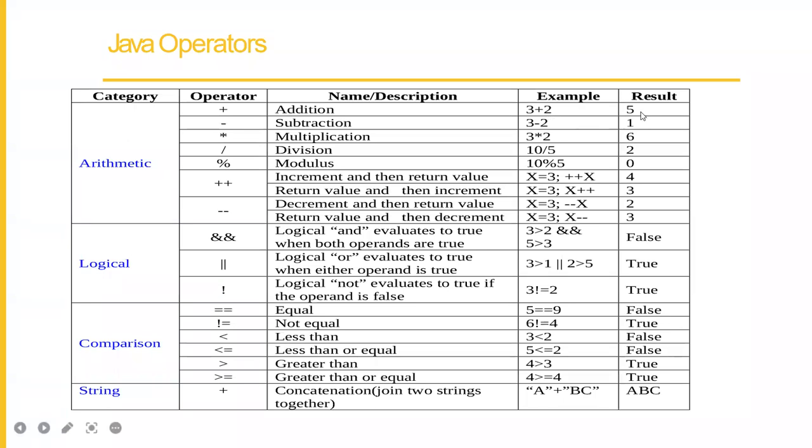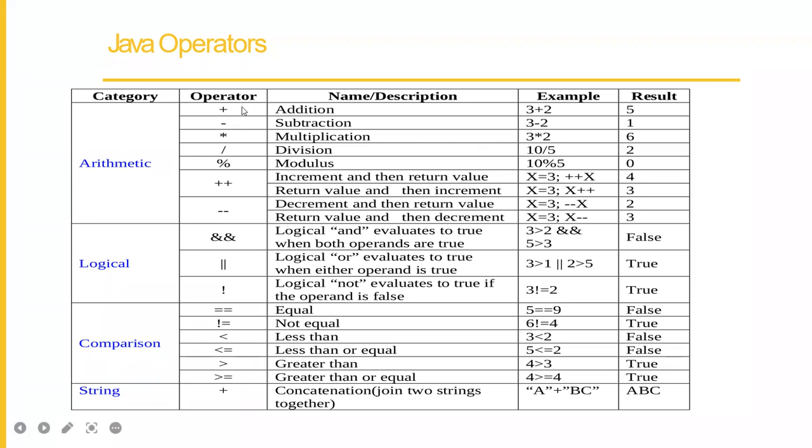When you say 3 plus 2, you get a result of 5. Minus is subtraction, 3 minus 2. Multiplication uses the asterisk symbol. Then division and modulo. These are pure arithmetic operators. These two, plus plus and minus minus, are called unary operators, guys.